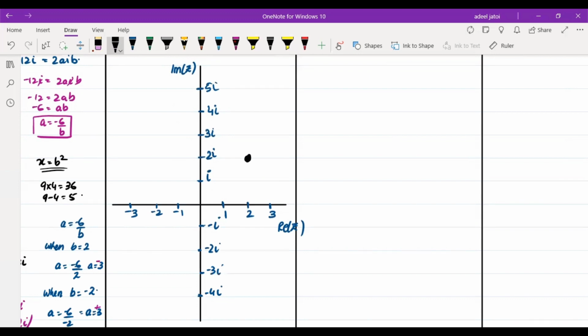Now, if we have 2 plus 2 iota, that means there are two things in consideration as well. So this represents the line of Z1, which is 2 plus 2 iota. Now, this particular line, when moved anti-clockwise, represents the alpha.